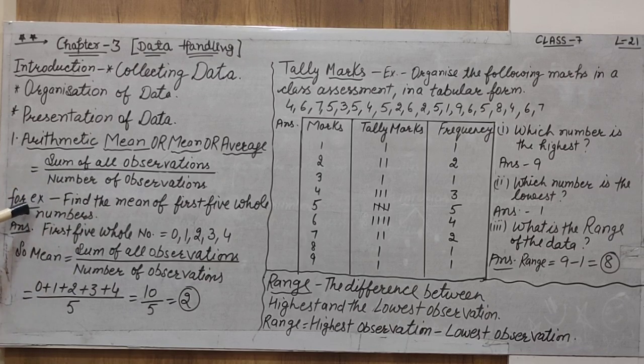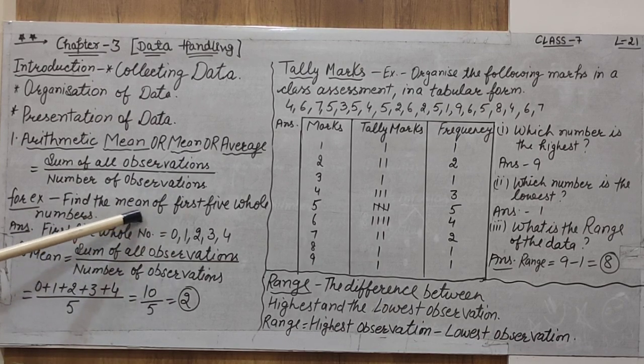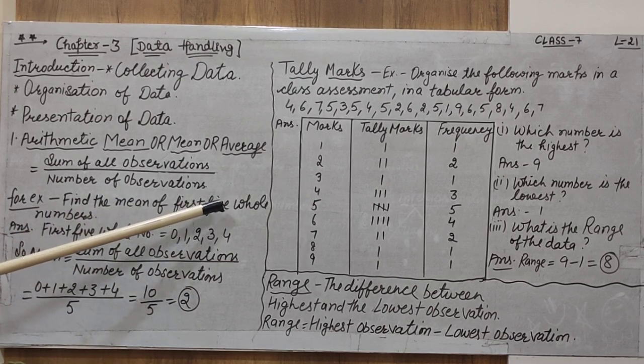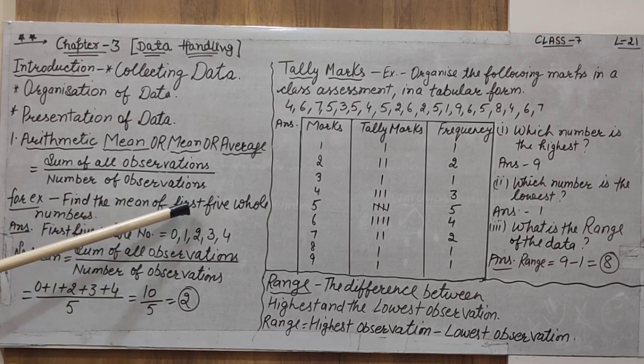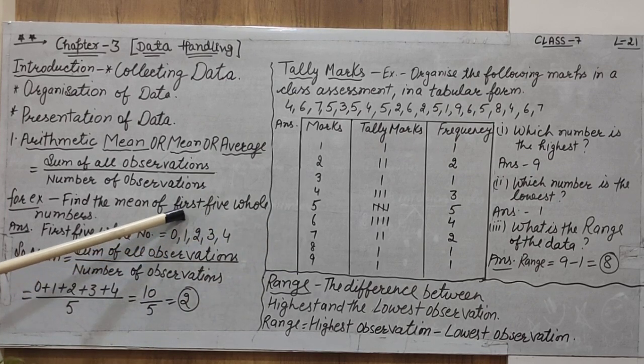Let us understand with the help of an example. Find the mean or average or arithmetic mean. Anything can be given at this place. Find the mean of the first 5 whole numbers. Now, the mean or average of the first 5 whole numbers. As I told you, the given observations are related to the same property.